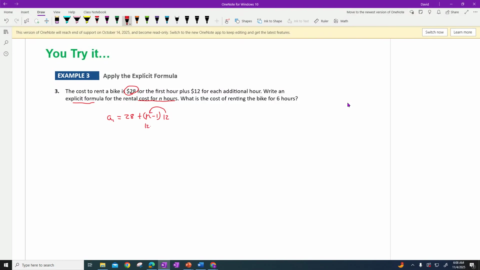So that would be 12n minus 12, and I got 28 plus. I got like terms here, so a sub n, that should be an n up there. 28 take away 12 is 16. So I got 16 plus 12 n's. So now, I like to write it this way, 12n plus 16, because then it's in slope-intercept form.